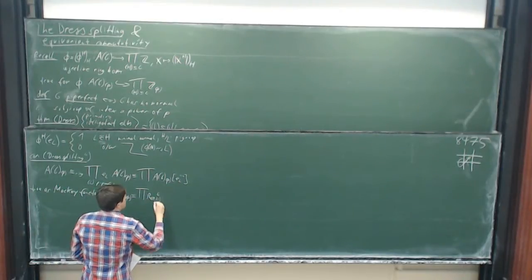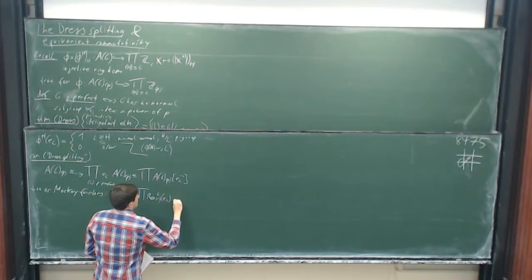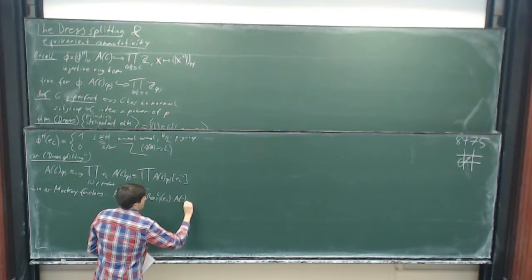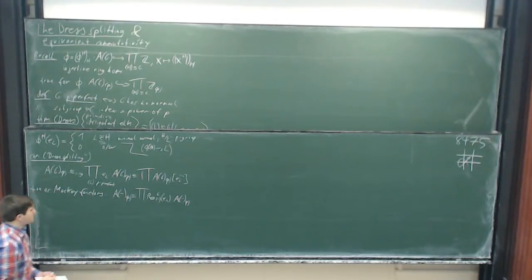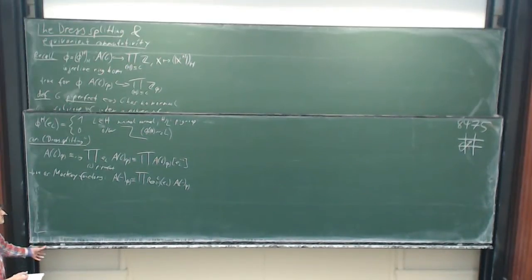So restrict to the subgroup you plug in, and then look at the submodule of A of your subgroup. This is true as Mackey functors are compatible with restriction and transfer. So this is the idempotent splitting.